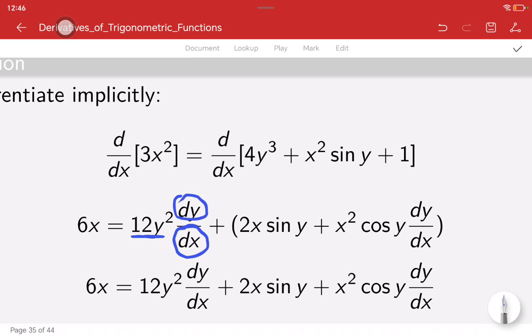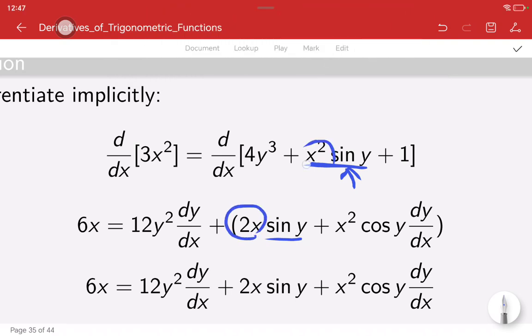If this was w, I would be deriving w with respect to x. So you must keep note of the variables. Plus, now this one is product rule, because there are two expressions multiplying each other. First I keep sin y as a constant and derive x squared, I get 2x.